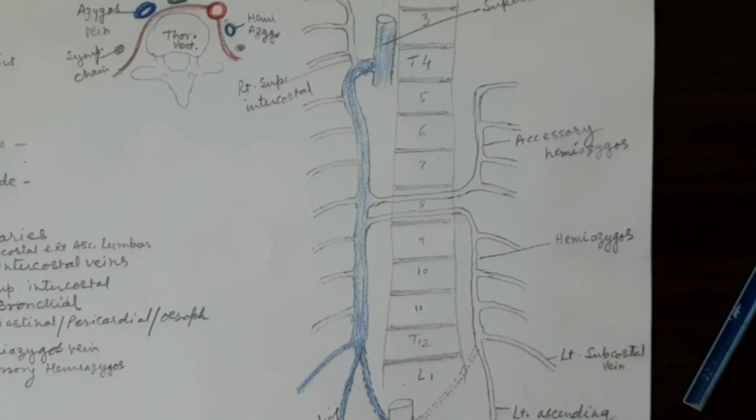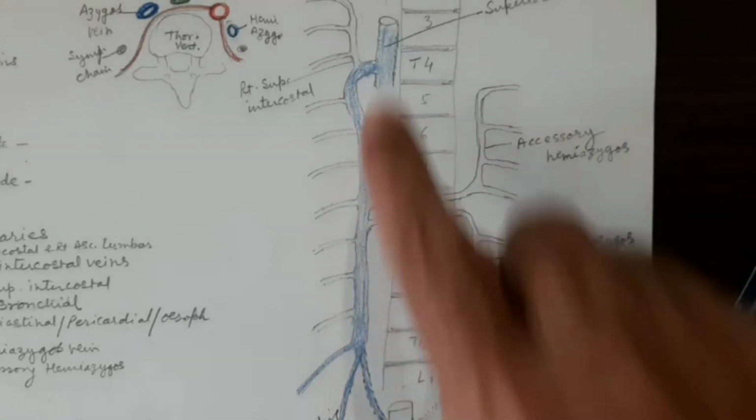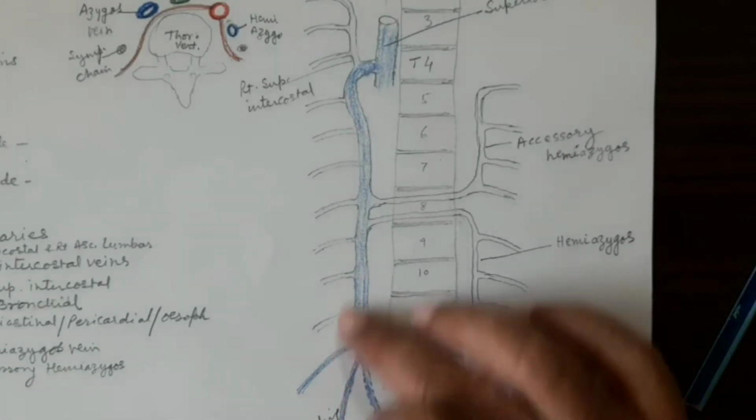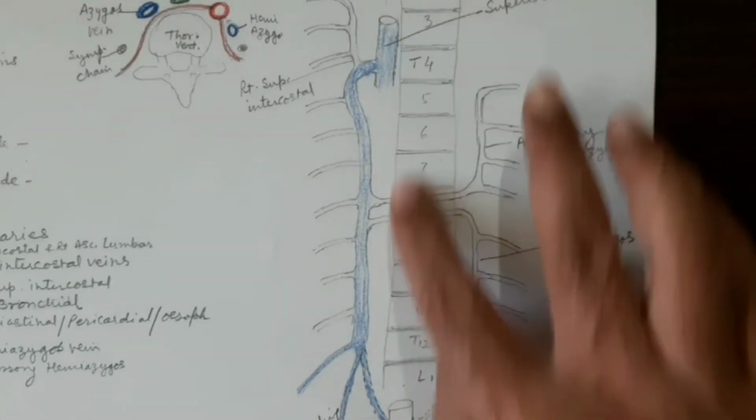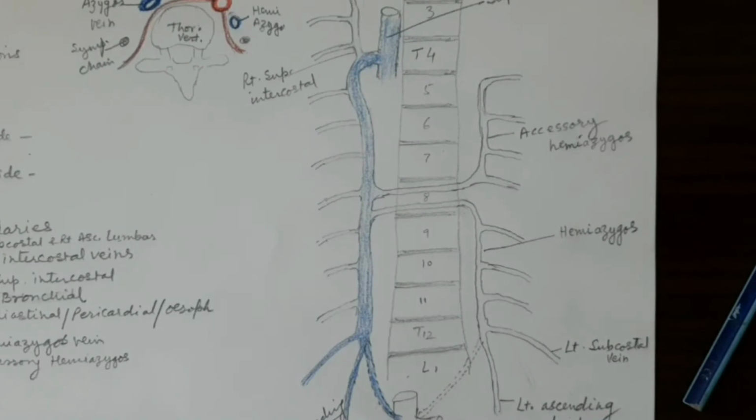So this is the course, right from the abdominal region to the T4 level, lying in front of the vertebral bodies, of course onto the left side.